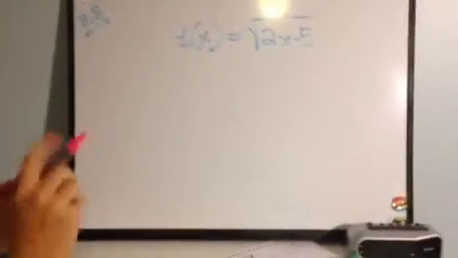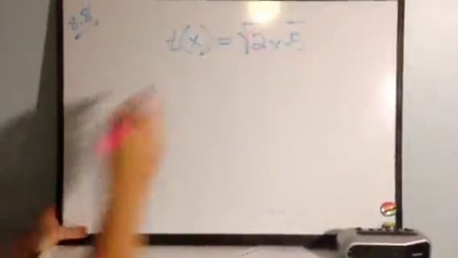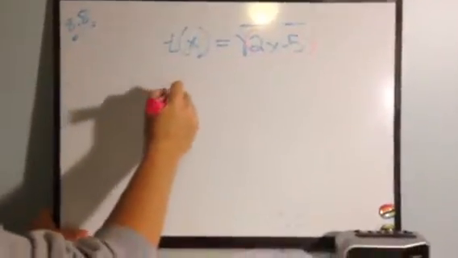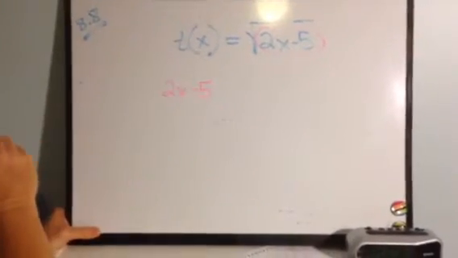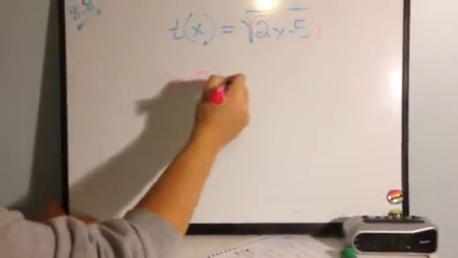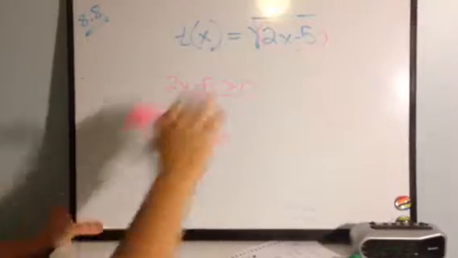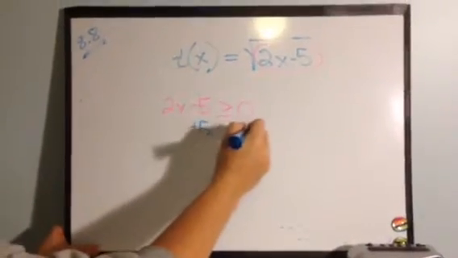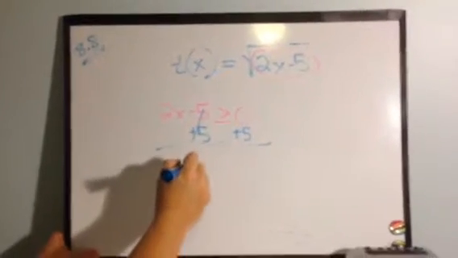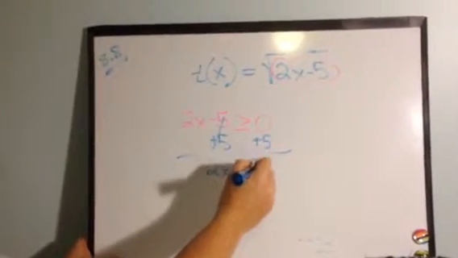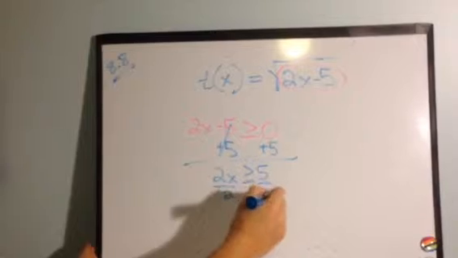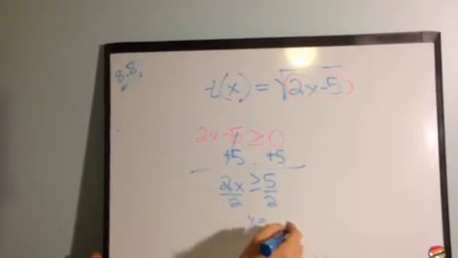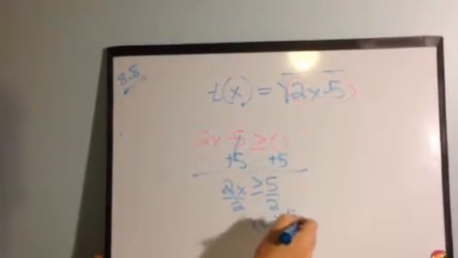Again, you want to take my radicand and set it greater than or equal to 0, because you want to find the non-negative. So I'm going to add 5 to both sides. Those cancel out, so I have 2x greater than or equal to 5. Divide by 2. So my x can be anything that's greater than or equal to 5/2.